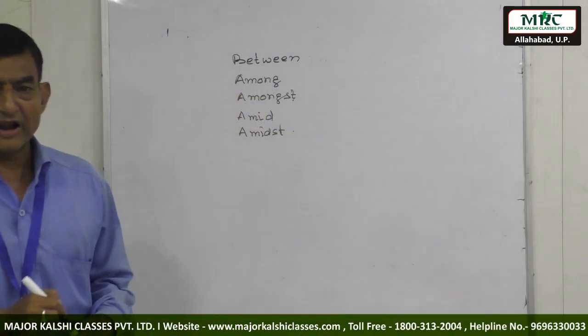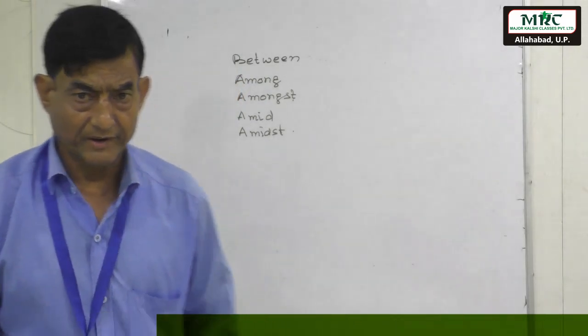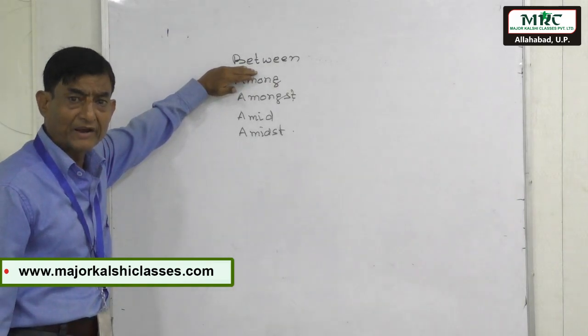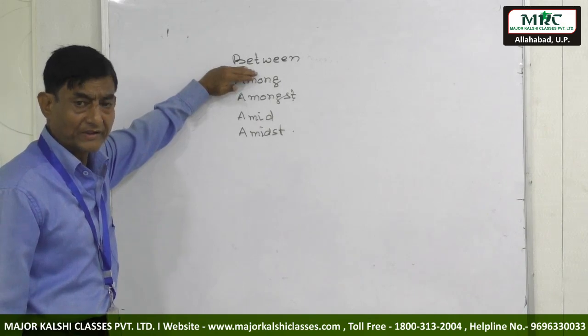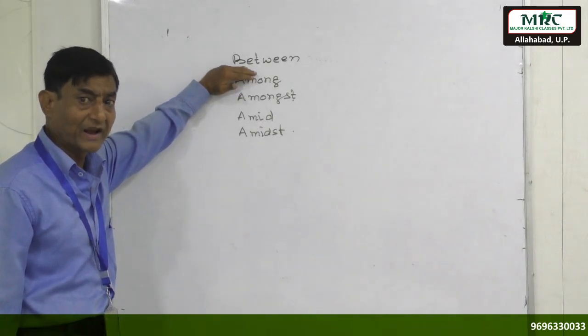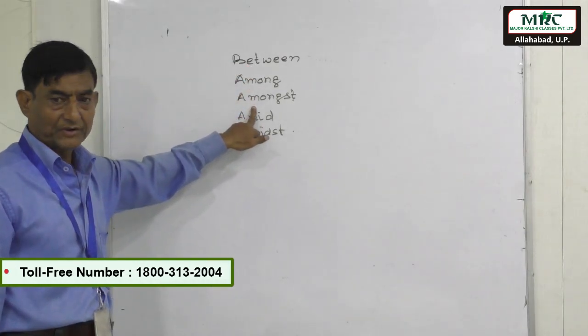These are the words that have to be cared for very minutely, because between is always used between two persons, and it can never be used for more than two, but in the question paper this is used with more than two persons, and there the error is given. Among and amongst.